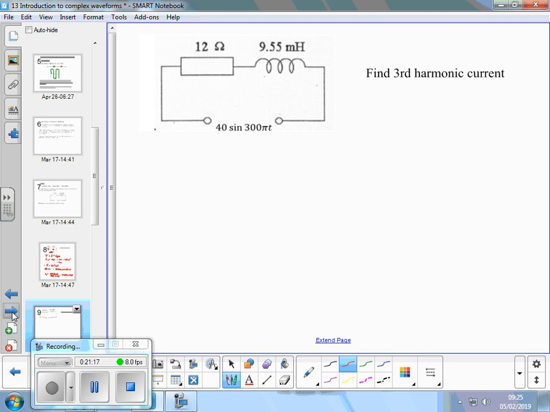Right, so we've done the fundamental. Now the third harmonic. We've taken the third harmonic voltage, and we're going to calculate the current due to that. So we need to find Z3, which is R plus XL3 ohms.